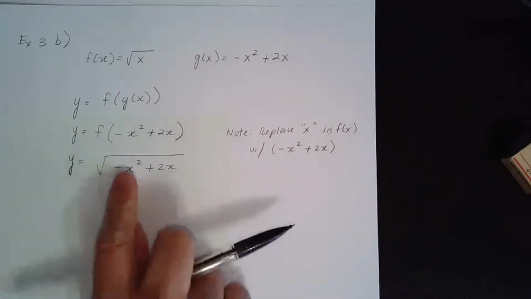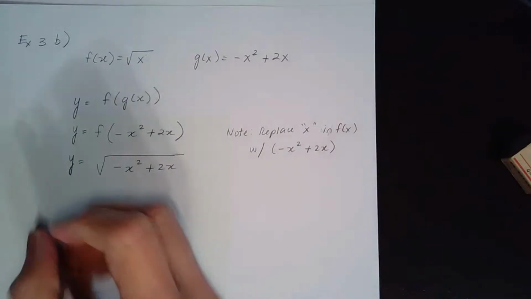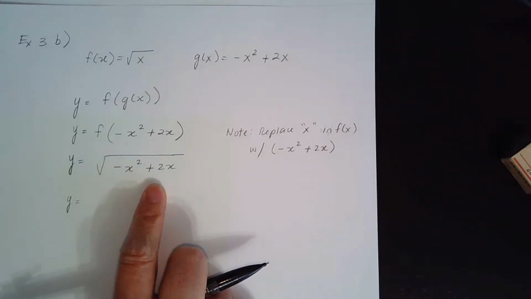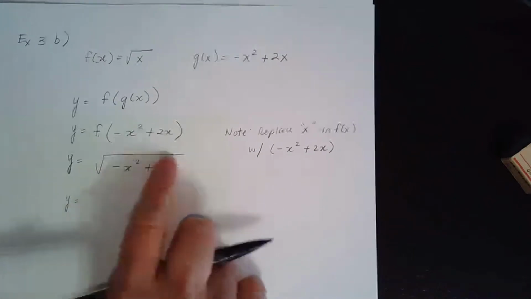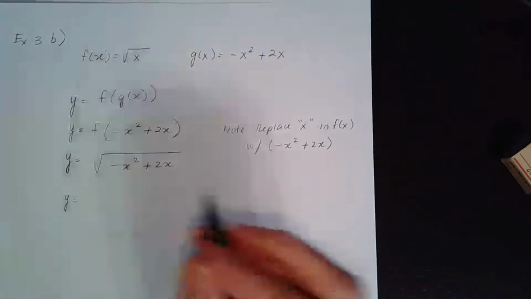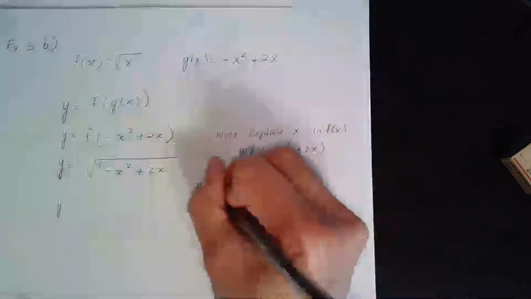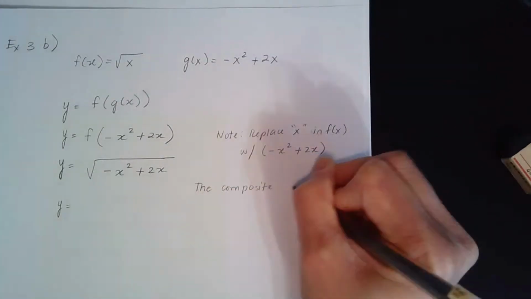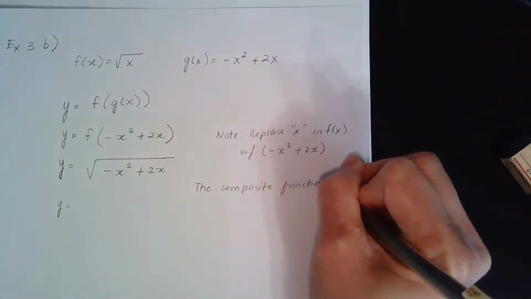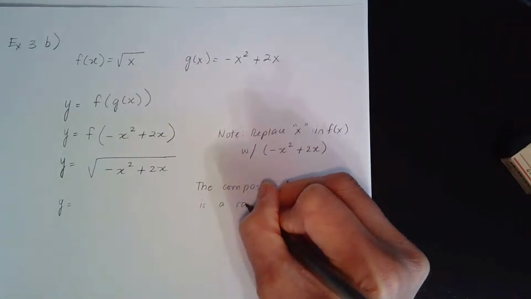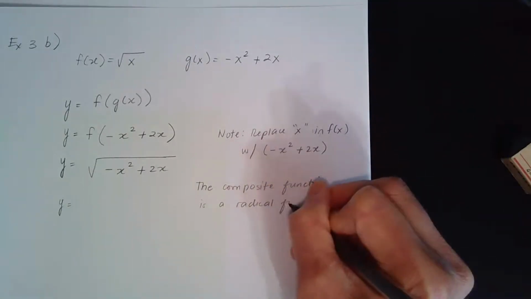Now we have to look for any values that will make the inside positive or zero. I'm just going to write a little note here: the composite function is a radical function.